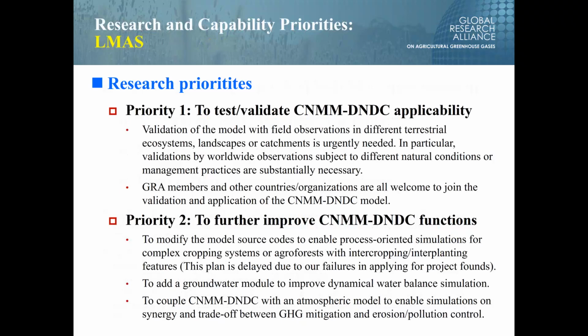In particular, validation by worldwide observations subject to different natural conditions or management practices is substantially necessary. In this regard, GRA members and other countries or organizations are all welcome to join the validation and the applications of this model. The second priority is to further improve the model's functions.